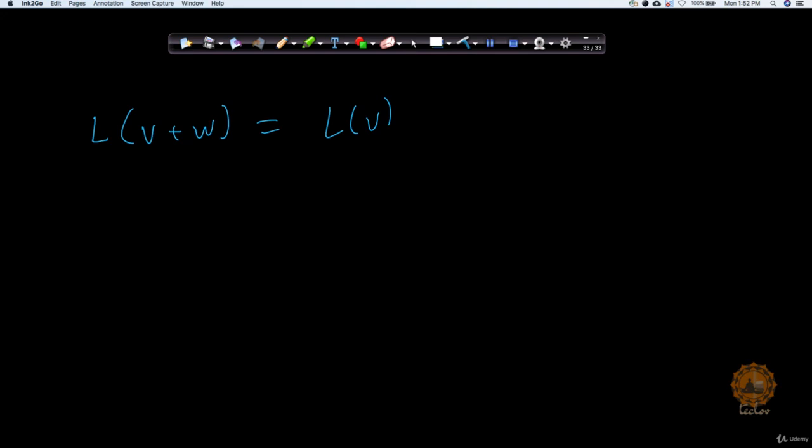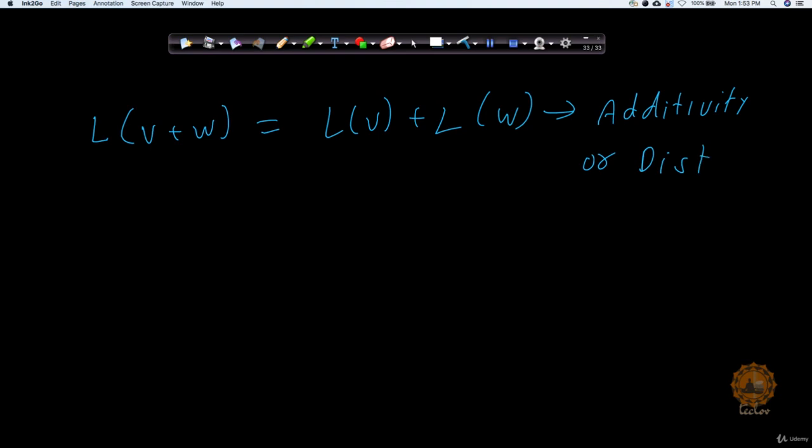If I get this sort of rule coming up, this is also called additivity, or sometimes we also call this the distributive property.